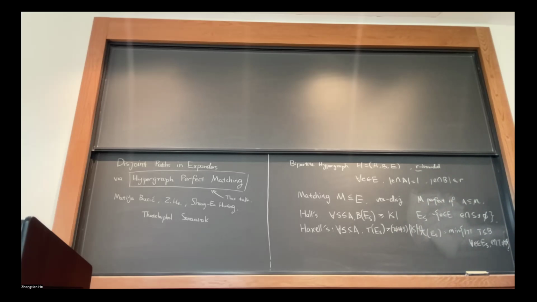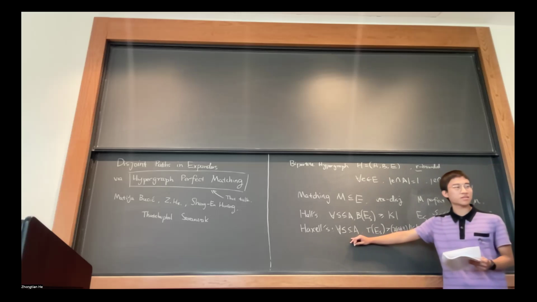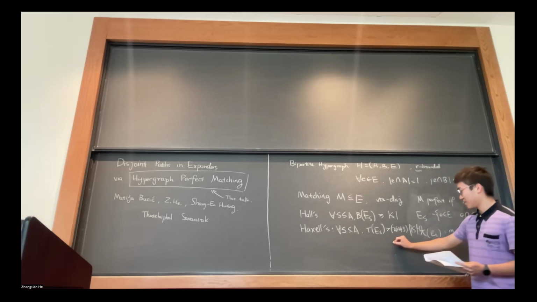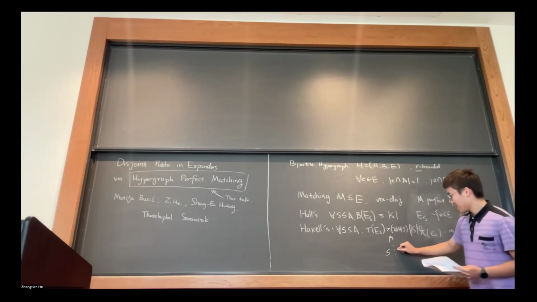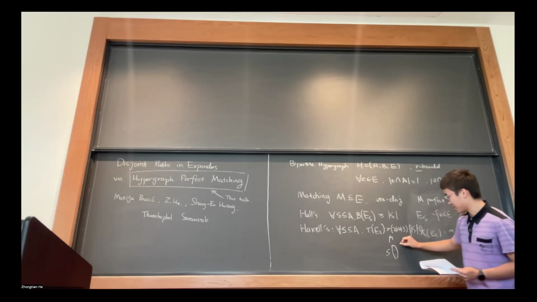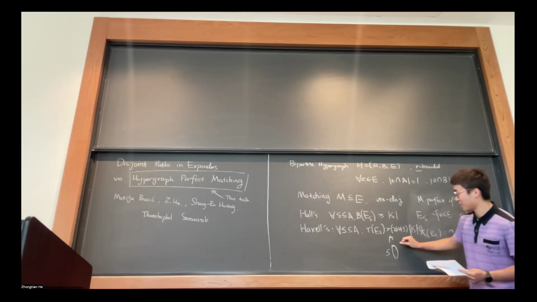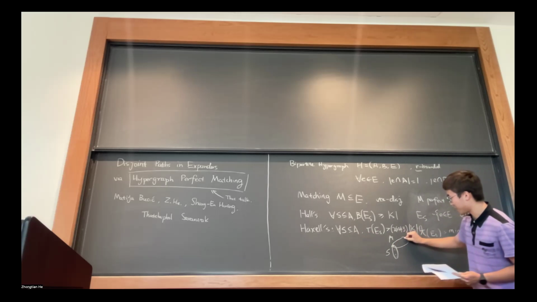So the intuitive structure of the hypergraph that should satisfy Haxell's condition, you want B to be... Could you just describe what that kind of graph looks like? Yeah, so you pick any subset S from the left-hand side, and for each vertex there are a lot of hyperedges incident to this vertex, right?